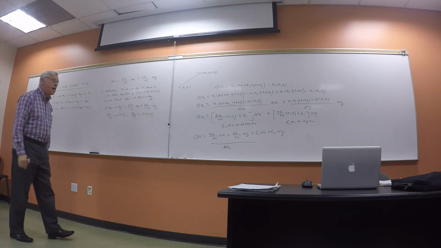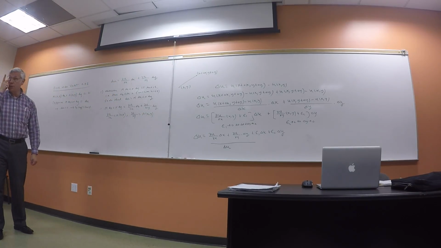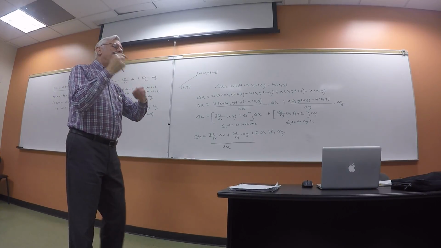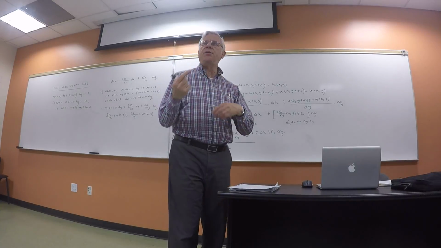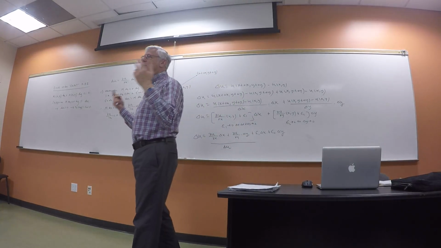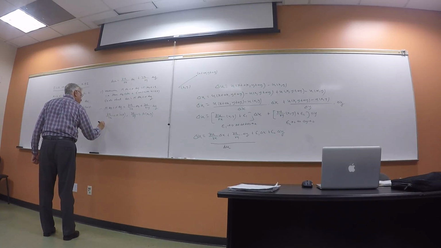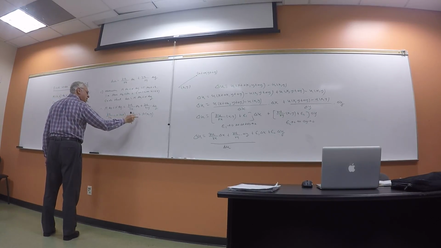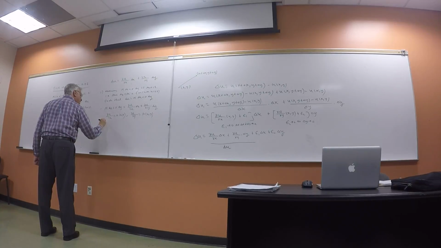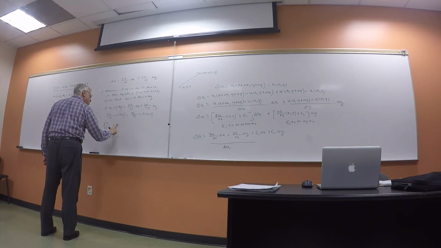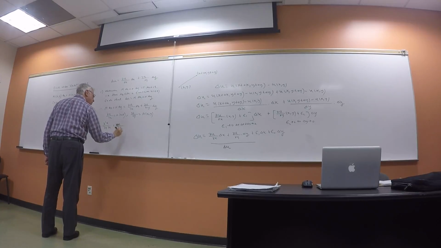Okay? And you recall from your calculus that we have second order partials. The order of differentiation does not matter provided the derivatives are continuous. And all the stuff that we're going to do is going to be continuous. So let's take this partial of this guy with respect to y. So we know this equals this equals this. Differentiate this guy with respect to y. You have the second partial of u with respect to y, with respect to x, equals the partial of m with respect to y.